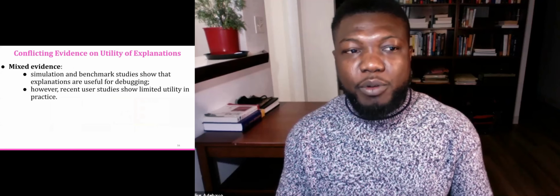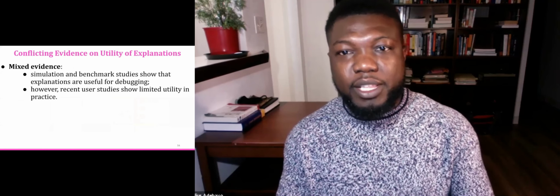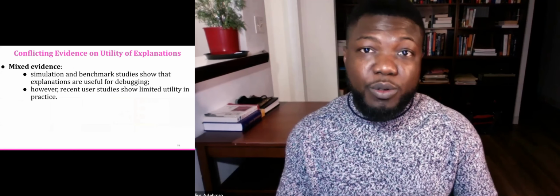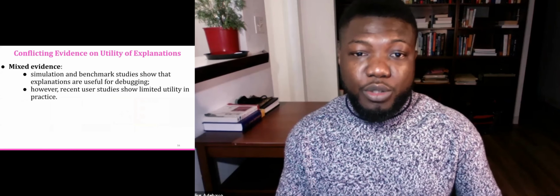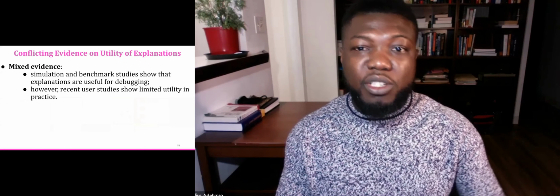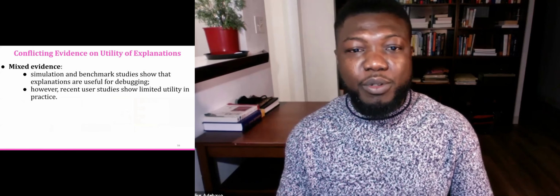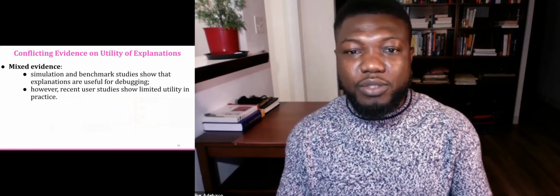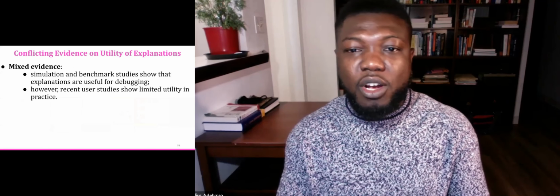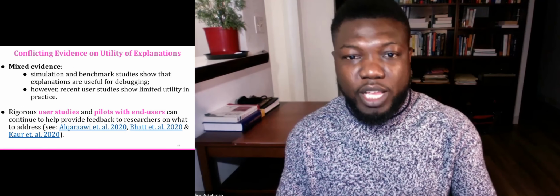So let's recap what we've learned so far. We saw evidence that explanations have been useful for reducing reliance on spurious signal and producing models that could potentially be more robust to adversarial examples. Yet we've also seen a series of studies that have shown that explanations are not as helpful in practice with end users.